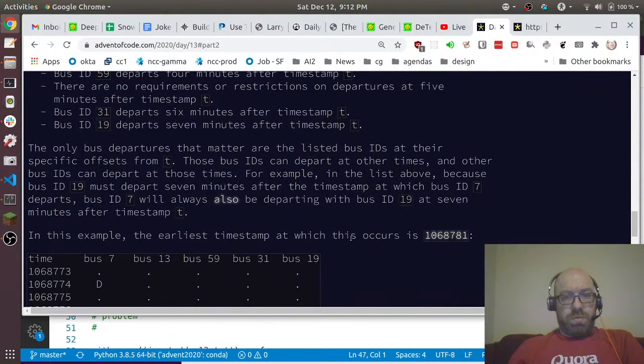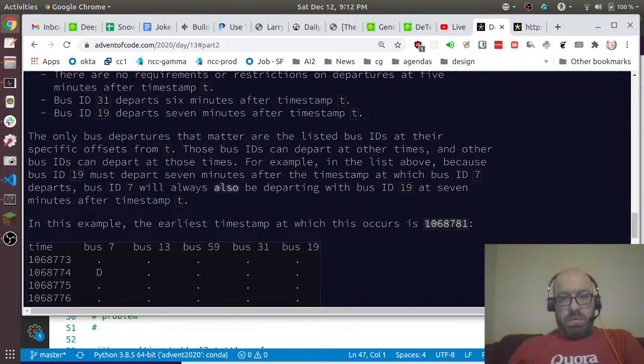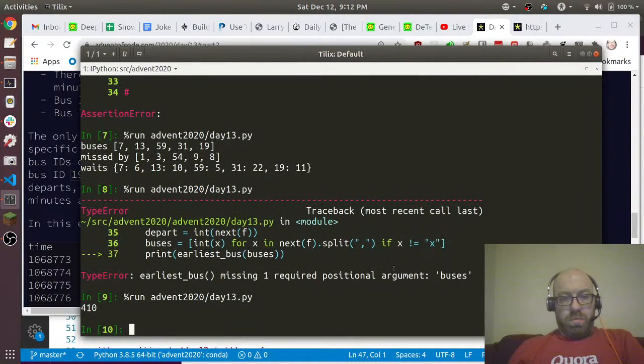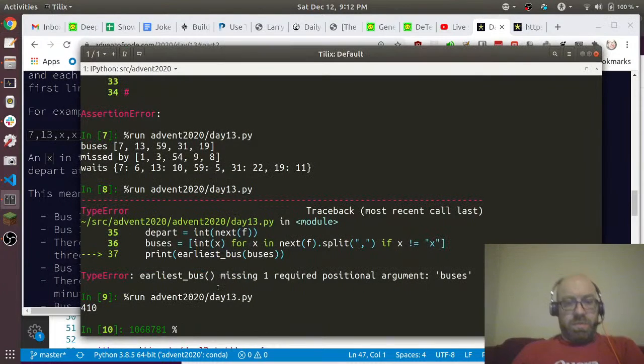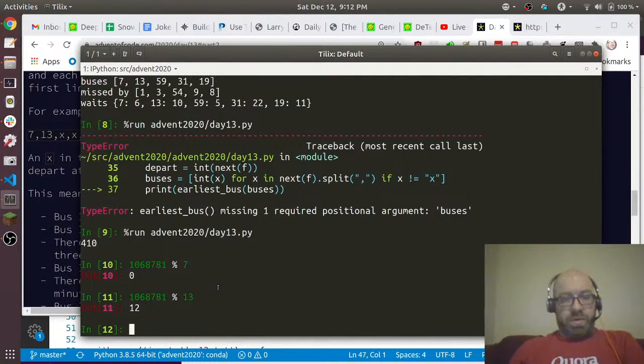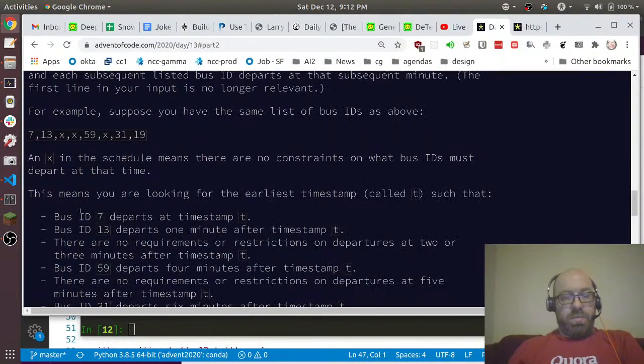And I can't remember what any of these numbers are. Mod 7, mod 13. No, so that is not true.